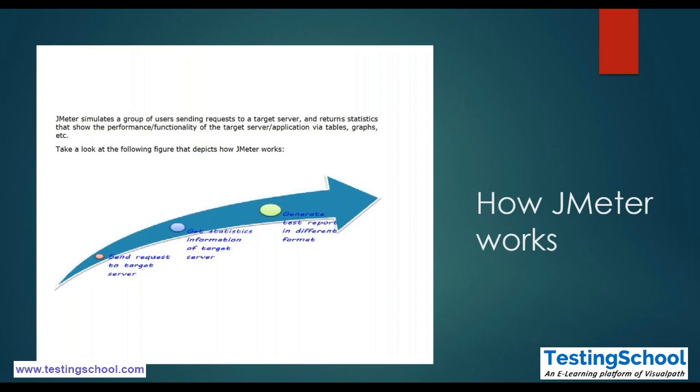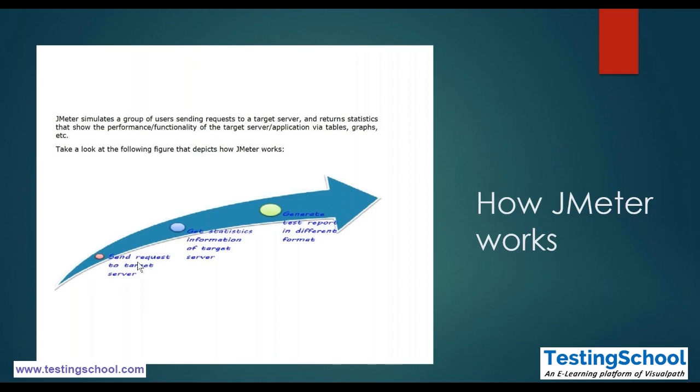So how it works is JMeter will be installed on your system, and with your script it will actually hit the application in the test server, and when the server responds to the JMeter request, it collects the statistics and shows you in different types of listeners depending upon your configuration. So the first step is to send the request to the target server.